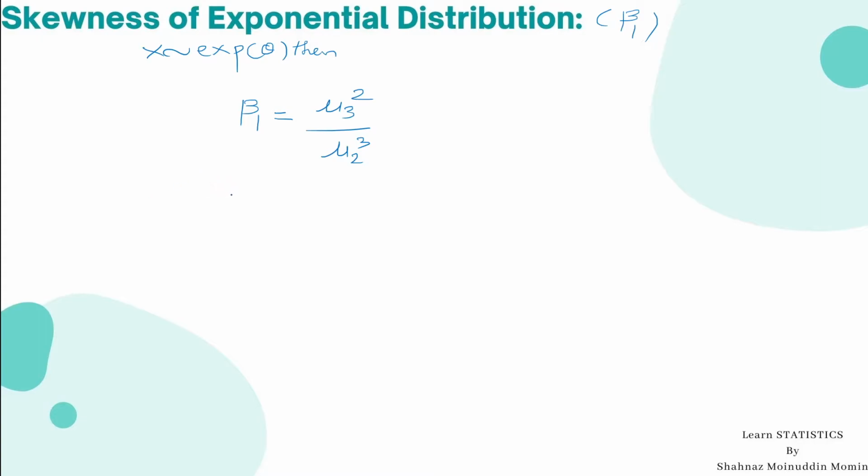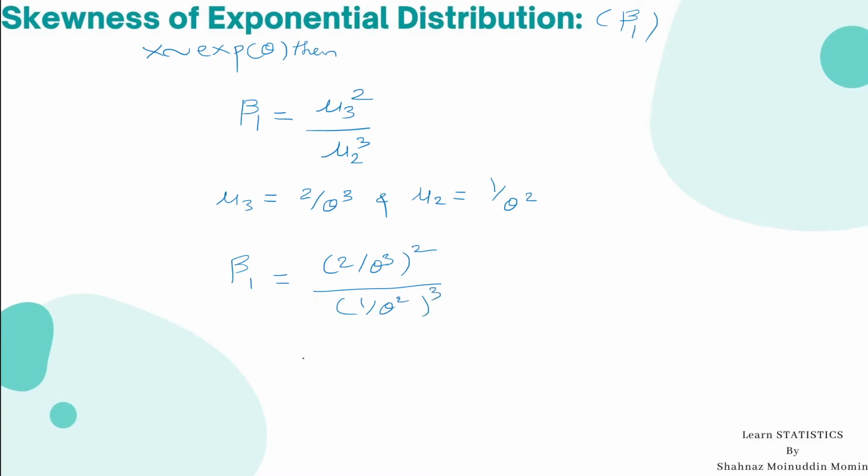The value of mu 3 is, we know that, 2 upon theta cube, and mu 2, the second central moment, is 1 upon theta square. Substitute this value in beta 1, we get beta 1 is equal to 2 by theta cube, square, divided by 1 upon theta square raised to 3.